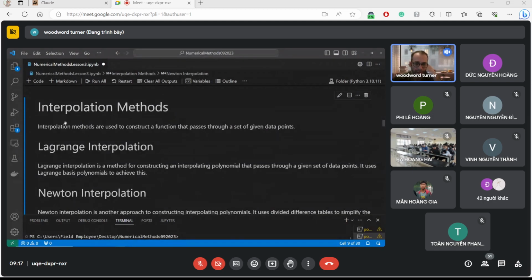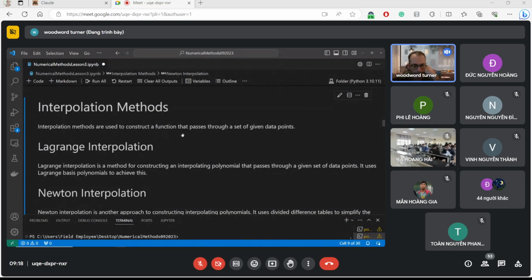Interpolation methods are used to construct a function that passes through a set of given data points. So in this situation, you're usually given a whole bunch of XY pairs, and you want to create a function that will predict the values in between the pairs, right? Or in between the points. And if that doesn't make sense, hopefully it will as we move forward a little bit.